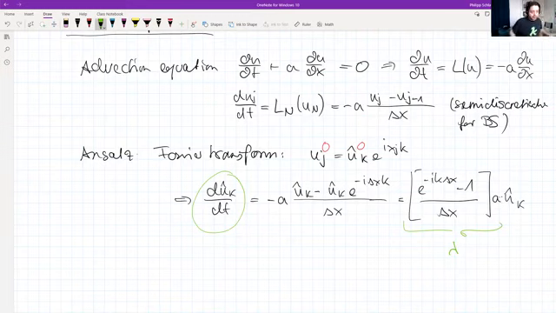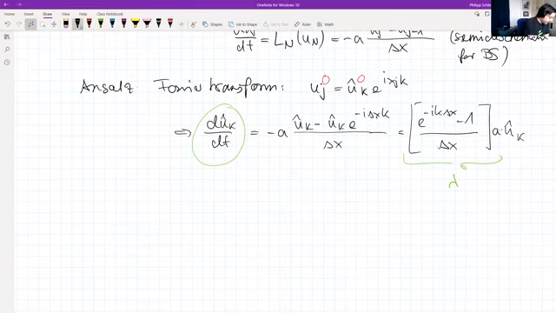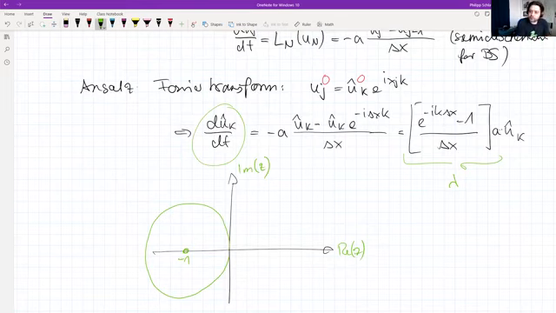So what I should do now is essentially the following. If I think back to what we did with the ODE, if this is my circle here, located with the center at minus 1, and here I have the real part of Z, and here the imaginary part of Z. I need to make sure that my Z, being delta t times lambda, is located somewhere inside this circle.